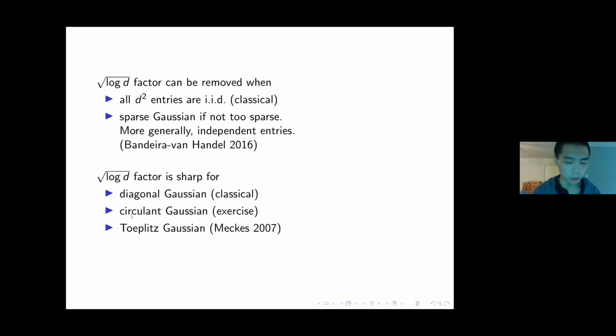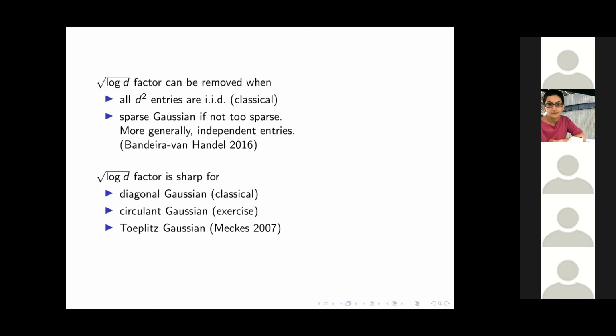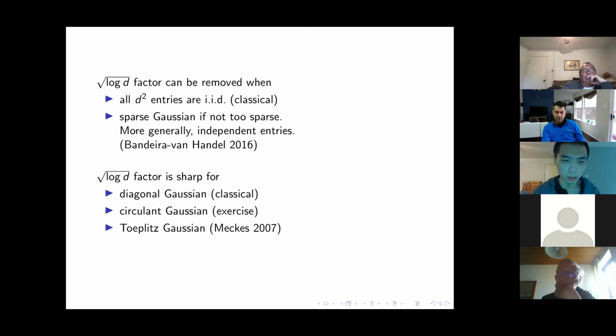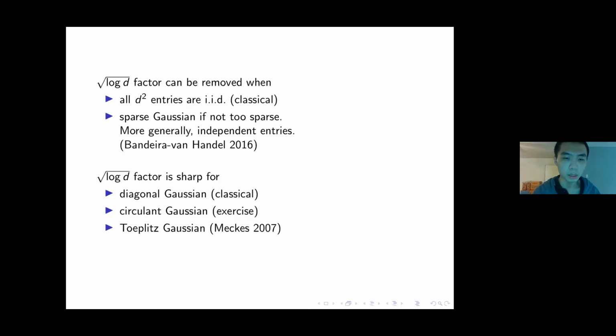So these are examples where the square root log D factor is sharp, so in particular it cannot be removed from the non-commutative Khintchine inequality, the upper bound. Take a circulant matrix, which can be fully determined using one of the rows or columns.